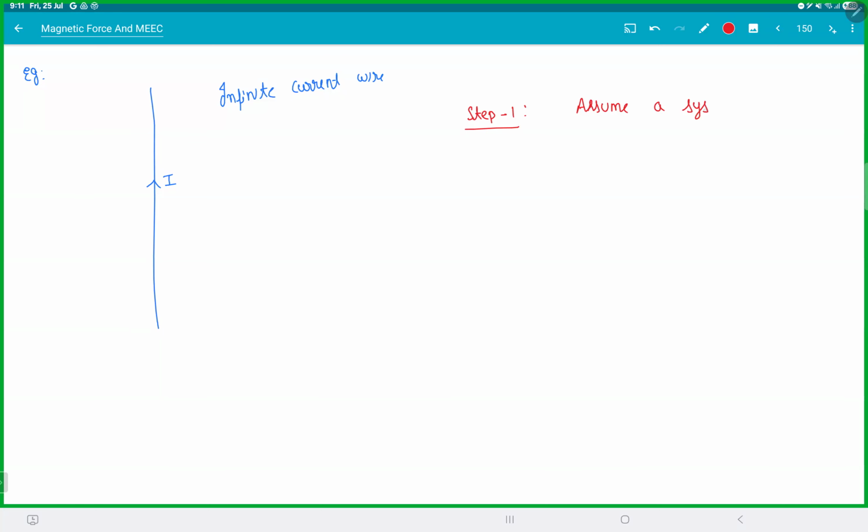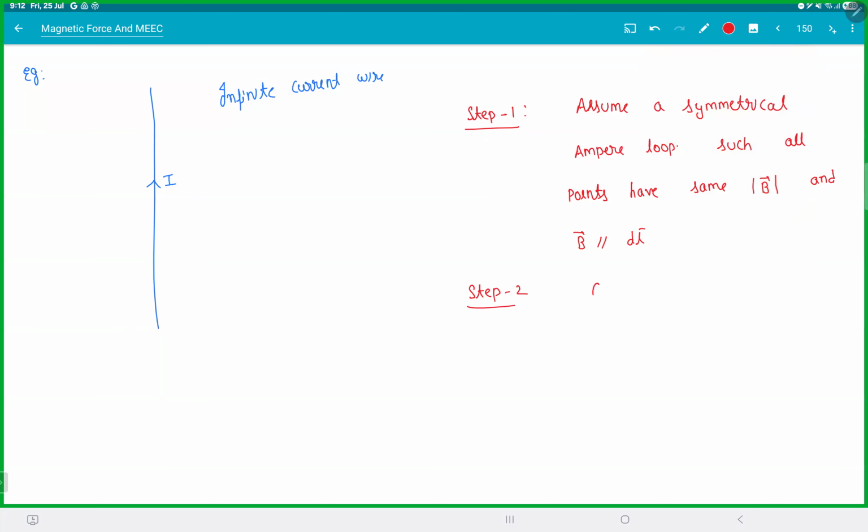It should be symmetrical so that the magnetic field will be the same everywhere, just like a symmetrical Gaussian surface, such that all points have the same magnetic field magnitude, and B must be parallel to dl because I want it to come out of that integral.